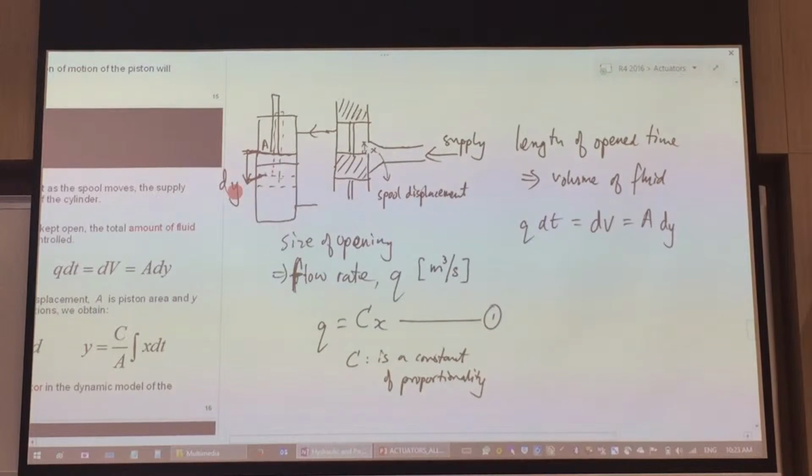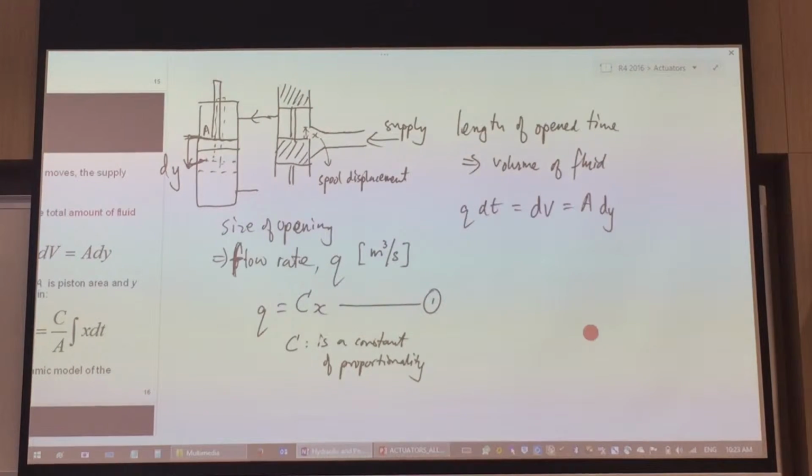So I take this as dy. So that's the change in the volume. I call this equation 2.